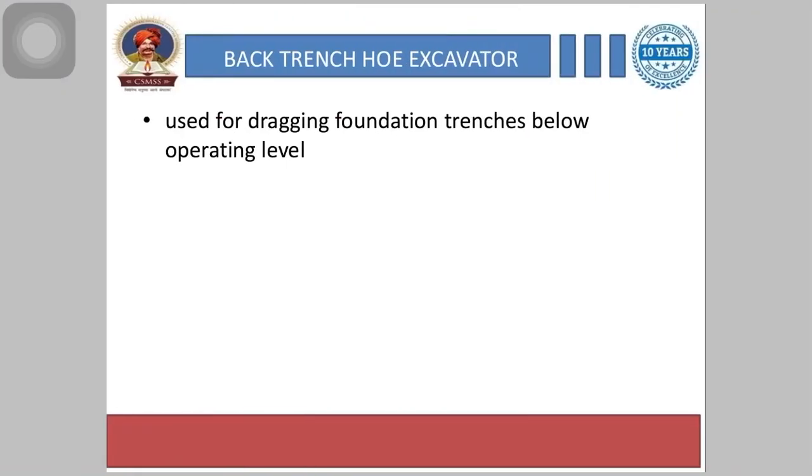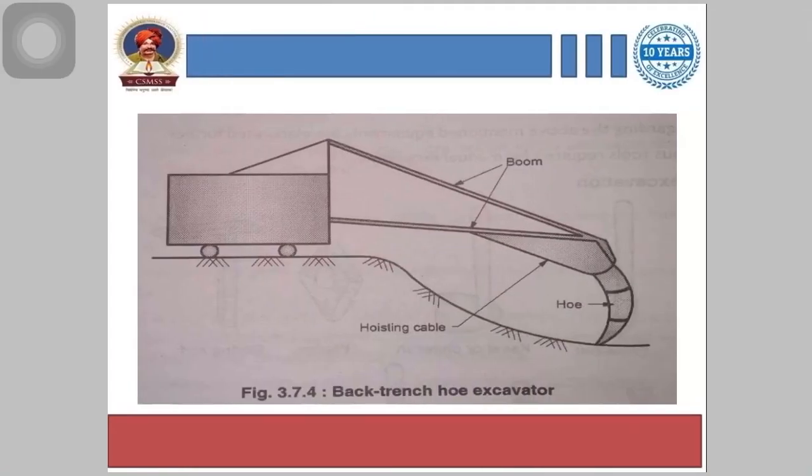Next is the back trench or hoe excavator. It is used for digging foundation trenches below the operating level. This is your back trench hoe excavator.